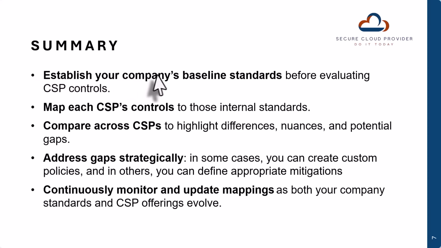First, you're going to want to establish your company's baseline standards before you ever evaluate those CSP controls, so that you know what your goal is. Next, you're going to map each CSP's controls to those internal standards and check for gaps. Then you're going to compare across CSPs to highlight the differences, the nuances, and the potential gaps between what each CSP offers in terms of its controls.